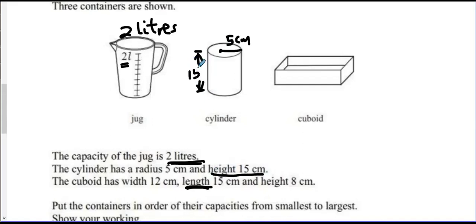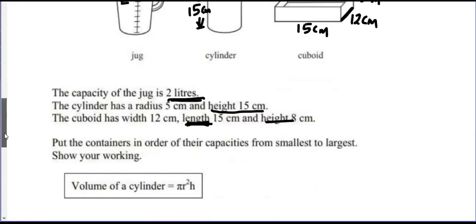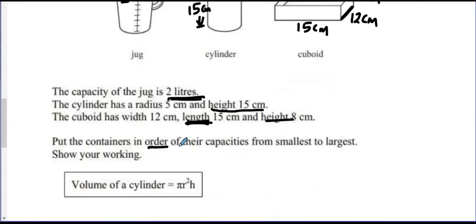So height of 15 centimeters. Whereas a cuboid has width, this part here, 12 centimeters, length 15 centimeters, height 8 centimeters. That is a cuboid. Now put the containers in order of their capacities. When I say capacities, I mean volume, from smallest to largest.